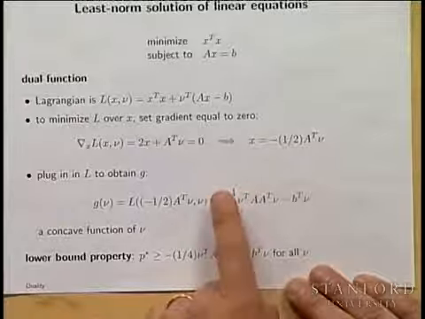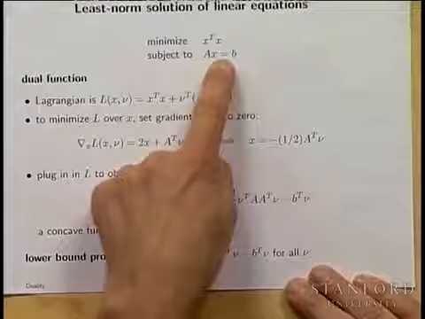So now you know when to stop. You stop when the residual Ax minus b is close enough to 0 and you evaluate this function, and that value is close to this value. Then you stop, and you don't stop because you're bored. You stop because you can now prove you're 1% suboptimal, for example, and no more.